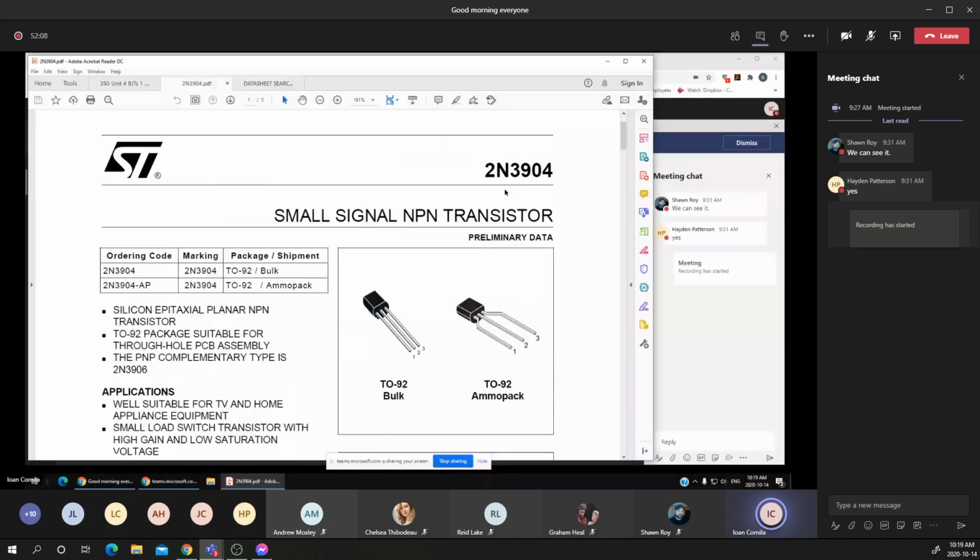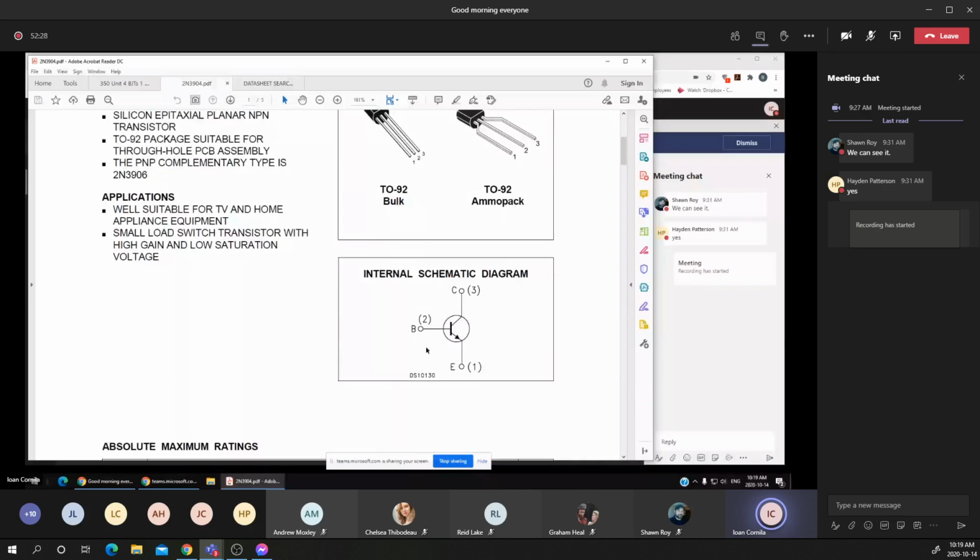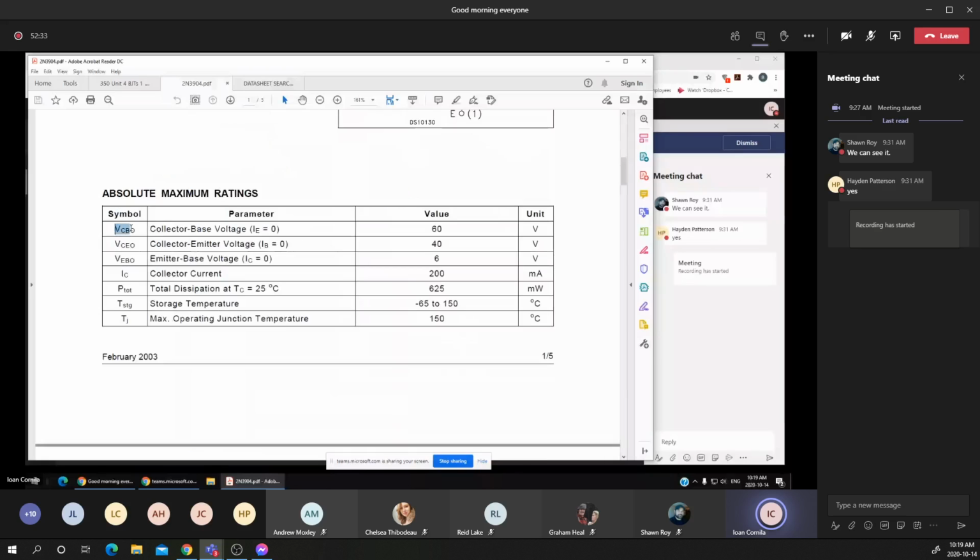The 2N3904, the equivalent transistor, but as a PNP is 3906. That's why they call it the complementary transistor, 3906. That's a PNP, and you notice that the symbol is for an NPN transistor. We mentioned that that's the VCB with the emitter not connected, or IE equals 0, or open emitter.